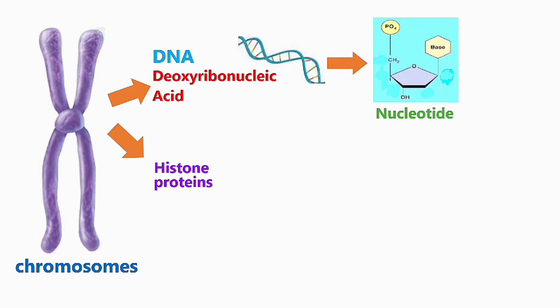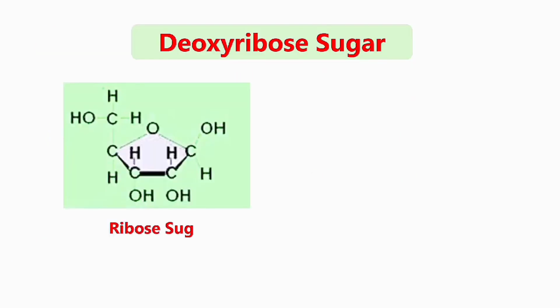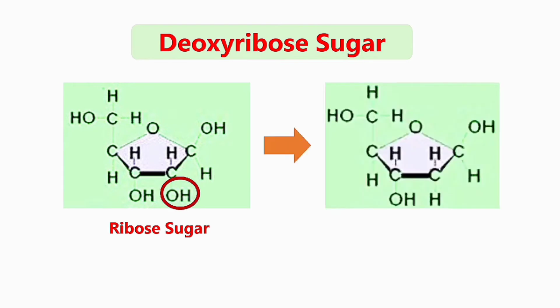Nucleotides are further composed of three subunits: a sugar, which is deoxyribose. Here you can see in the picture the structure of the sugar ribose, and if we remove the oxygen group from position number 2 of the ribose sugar, it is converted into deoxyribose sugar, which is present in DNA. Deoxy actually means removal of oxygen from a compound or molecule.